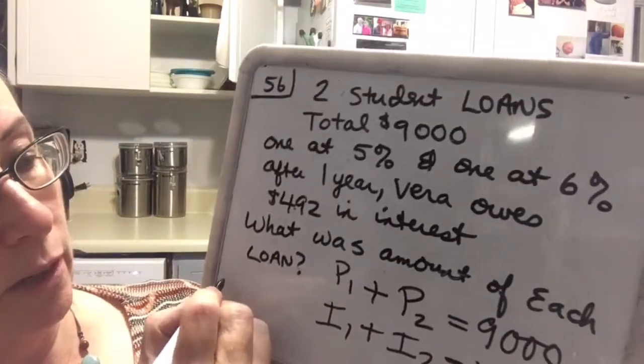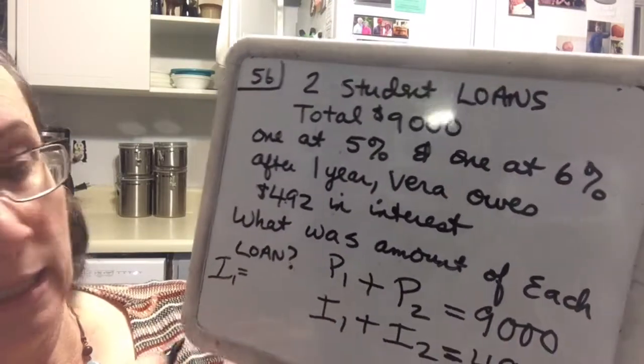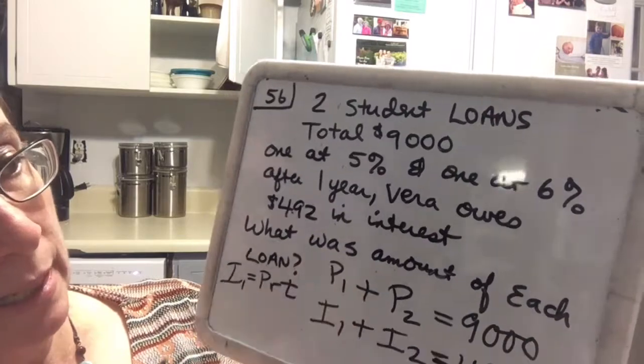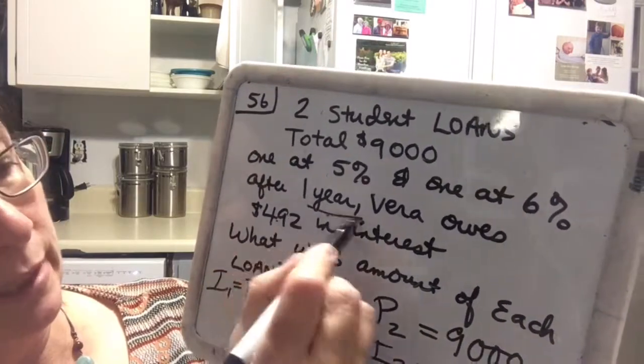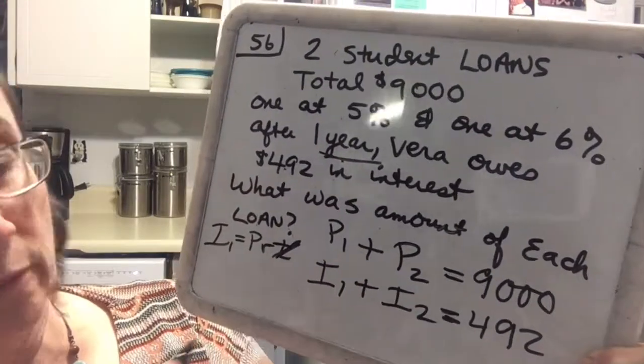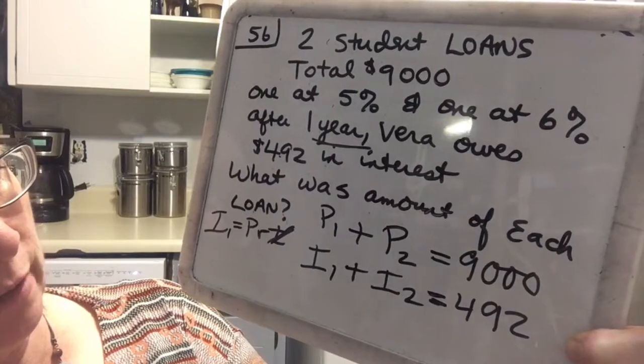Interest is going to be principal times rate times time. And again, this is at the end of 1 year, so our time is just 1, and multiplying by 1 does not change anything.